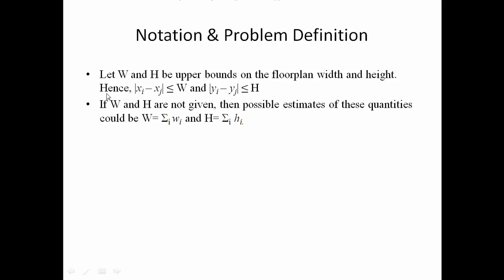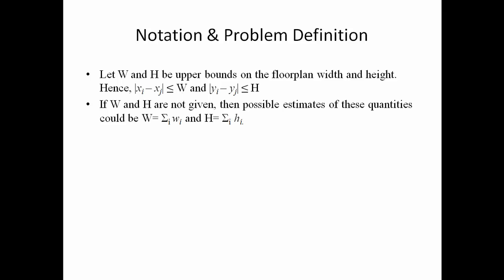Now if W and H are the upper bounds, this equation will also be true. That is, the difference between the x coordinate of the lower corner of any two modules cannot exceed the total width of the floor plan.